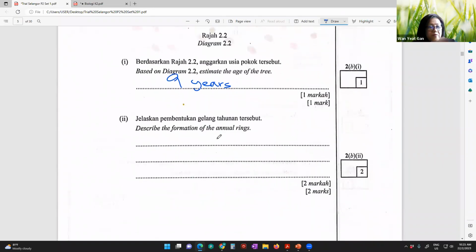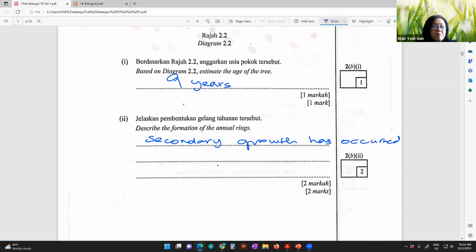Now, describe the formation of annual ring. The annual ring is formed because of secondary growth, right? So the secondary growth has occurred. So how does the secondary growth occur?